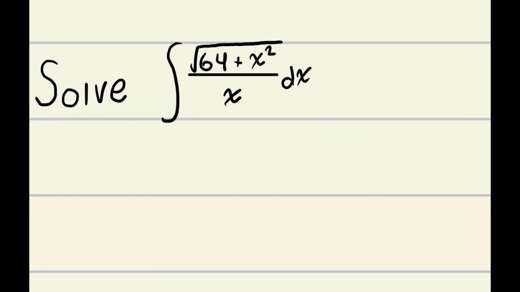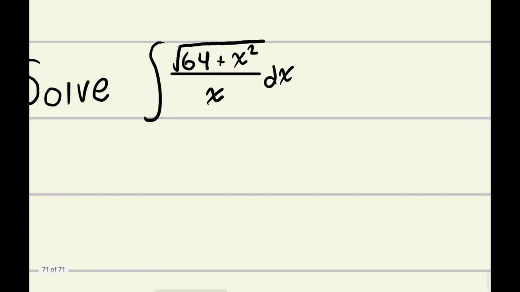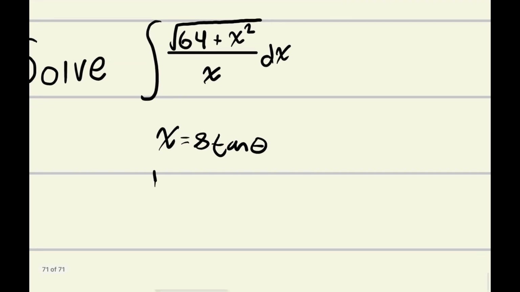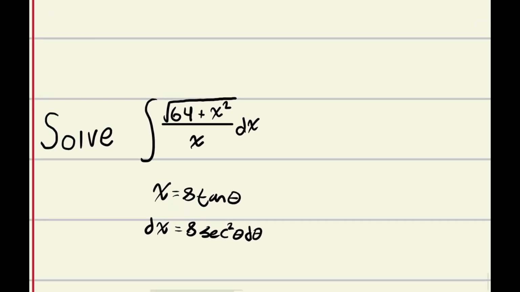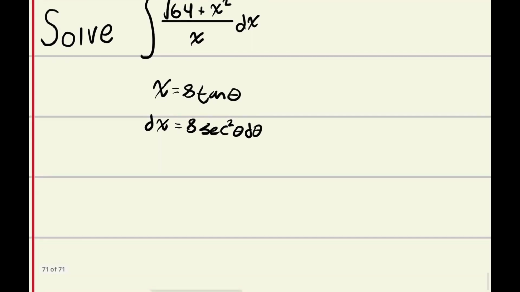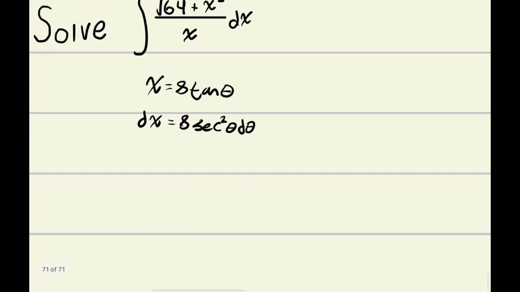We can do this by recognizing this as part of a triangle, where that's the hypotenuse, and we would have x is equal to 8 tangent of theta, where dx would be equal to 8 secant squared of theta d theta. We will solve for this separately, and then we will resume that later.